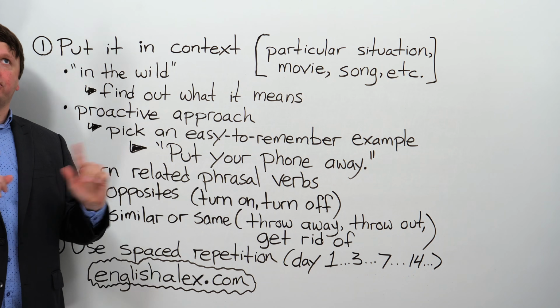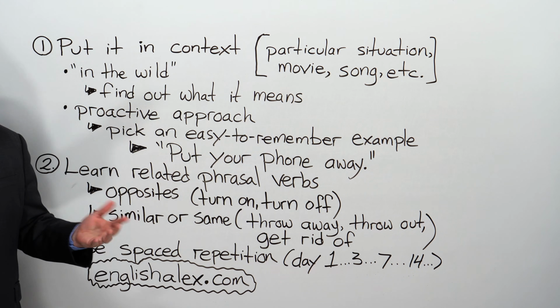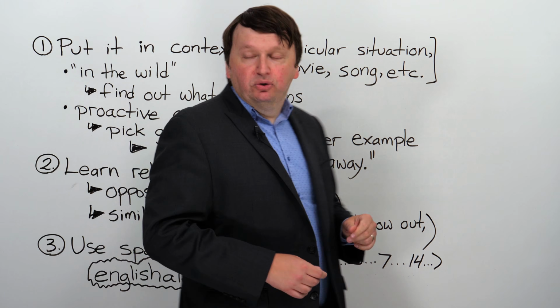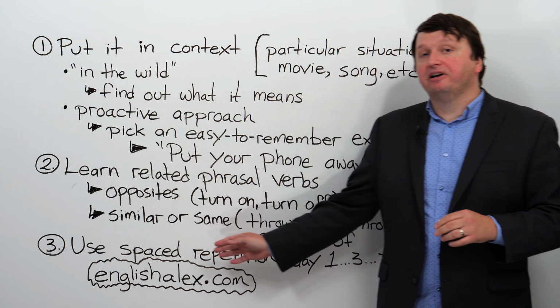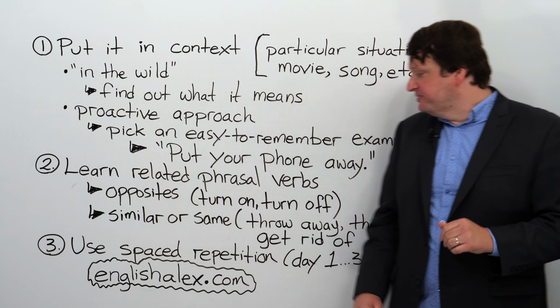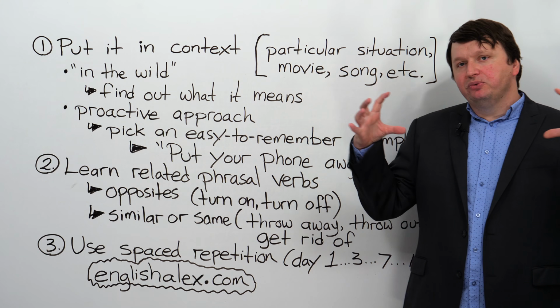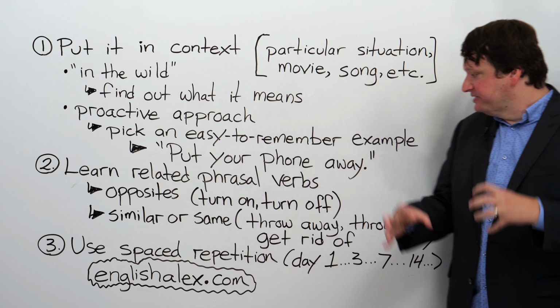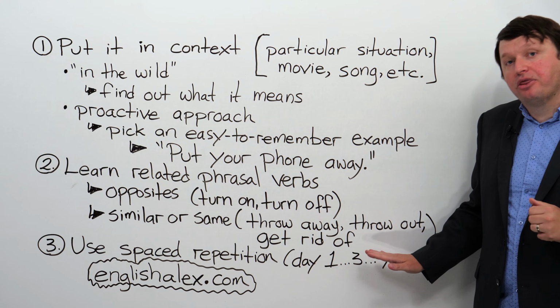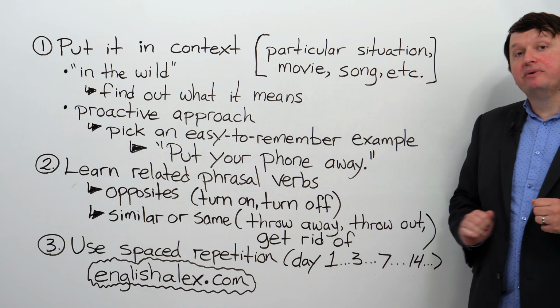Okay, so these are opposites, turn on, turn off. It's a simple example. Or you can learn similar or same phrasal verbs. So some phrasal verbs you can put together, right? So throw away, throw out, get rid of.